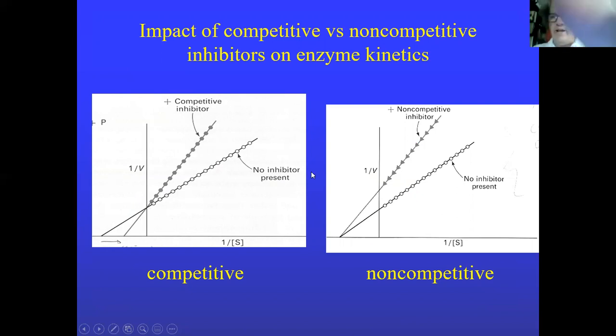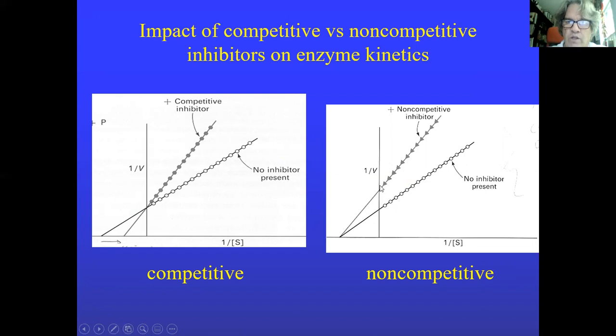If you have a non-competitive inhibitor, now remember the Vmax is going to be decreasing, right? And remember the slope is KM over Vmax, so that's going to make the slope increase. And the 1 over Vmax is going to be increasing also because the Vmax is getting smaller.